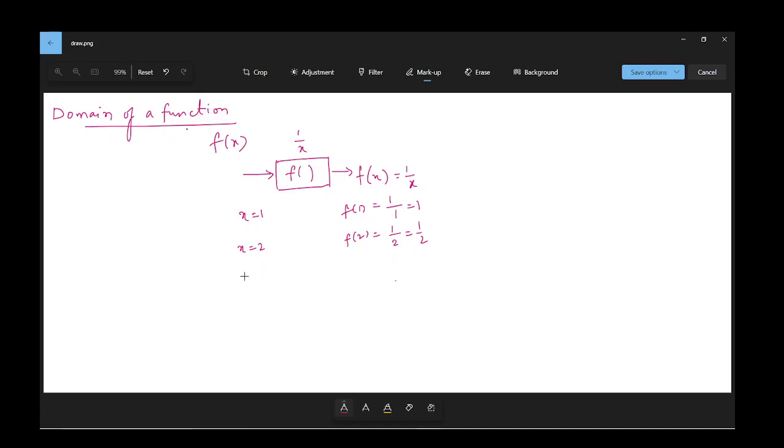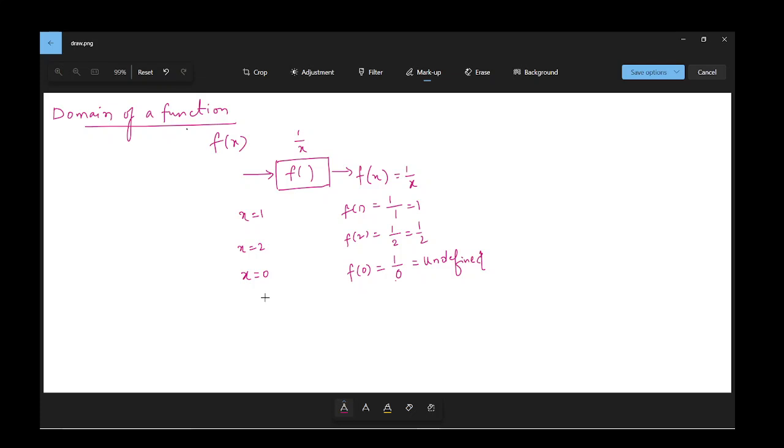Let us take one interesting input, x is equal to 0. So what is f of 0? f of 0 is 1 over 0, which is undefined. So from this, we understand that some inputs will not produce defined, finite outputs.